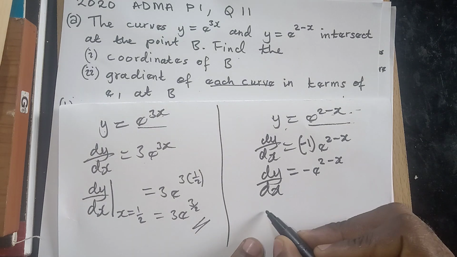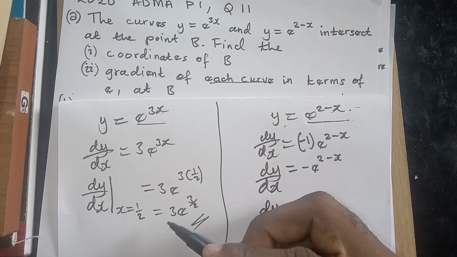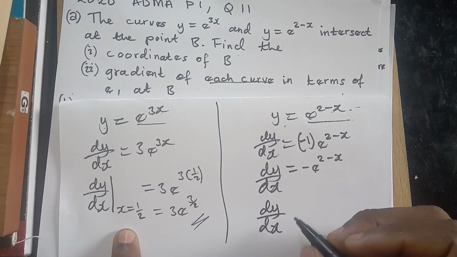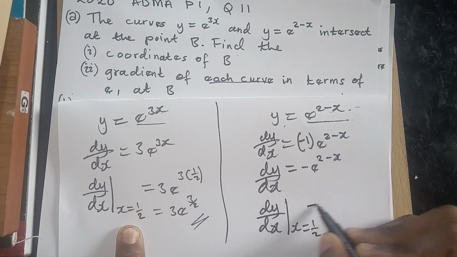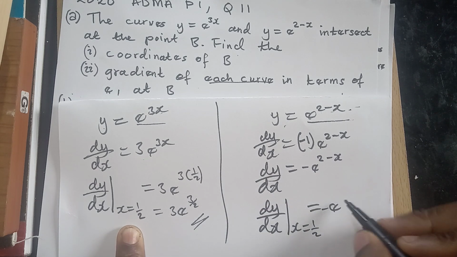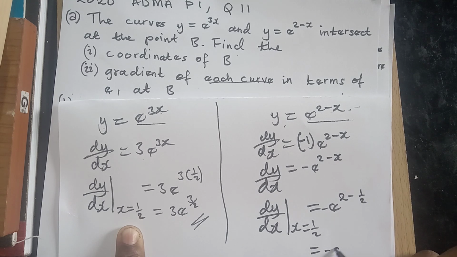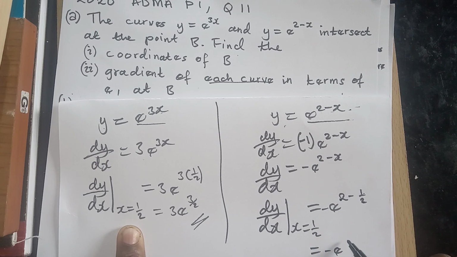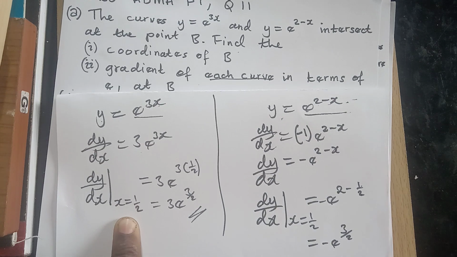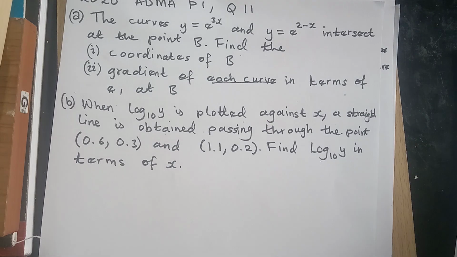But since we want to find the gradient at B, we use x equal to a half. So we have negative e to the power 2 minus a half. So this will be negative e to the power 2 times 2 is 4, minus 1, we have 3 over 2. So this is our second gradient. Then we are done with part A.